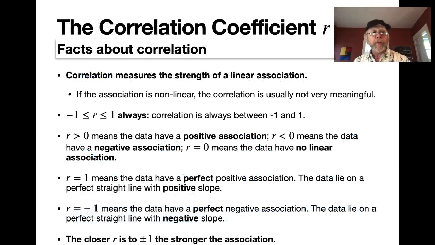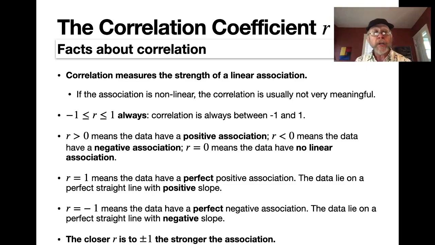Let me run down just a few facts about correlation to get us started, and we'll look at more of these in a subsequent video. But again, correlation measures the strength of a linear relationship. If the association is nonlinear, then correlation is usually not a very meaningful measurement. So correlation is really designed to measure the strength of linear relationships. And in this class, we'll be mostly concerned with linear relationships.